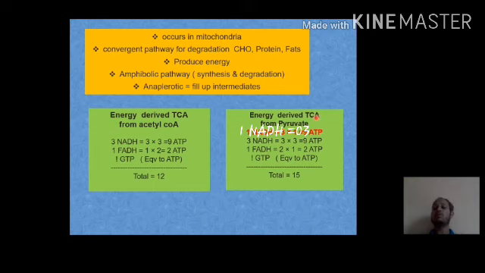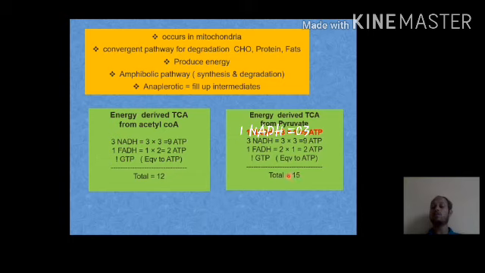But if you consider it from pyruvate, one more NADH has to be added, because the PDH complex will produce a molecule of NADH. So the NADH produced by the PDH complex is added to the three molecules of NADH produced in the TCA cycle, plus one FADH2 and one GTP.